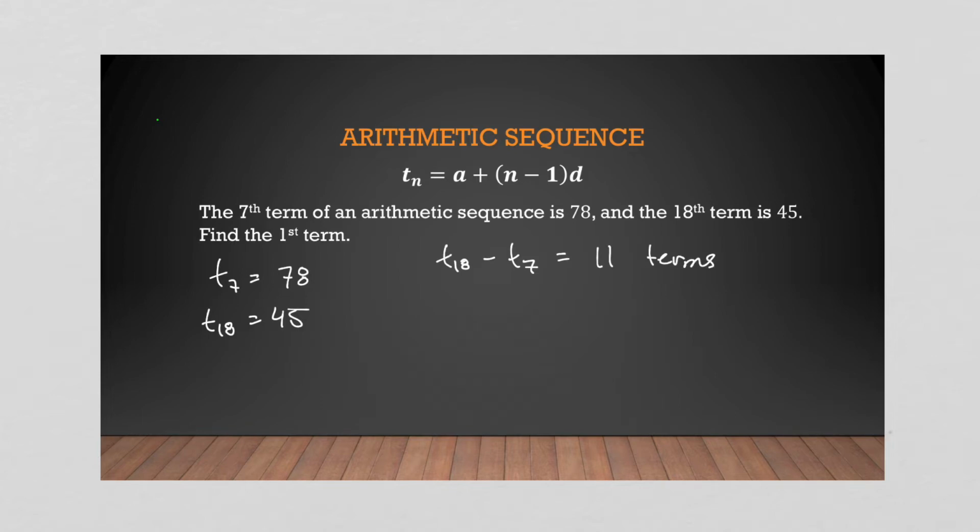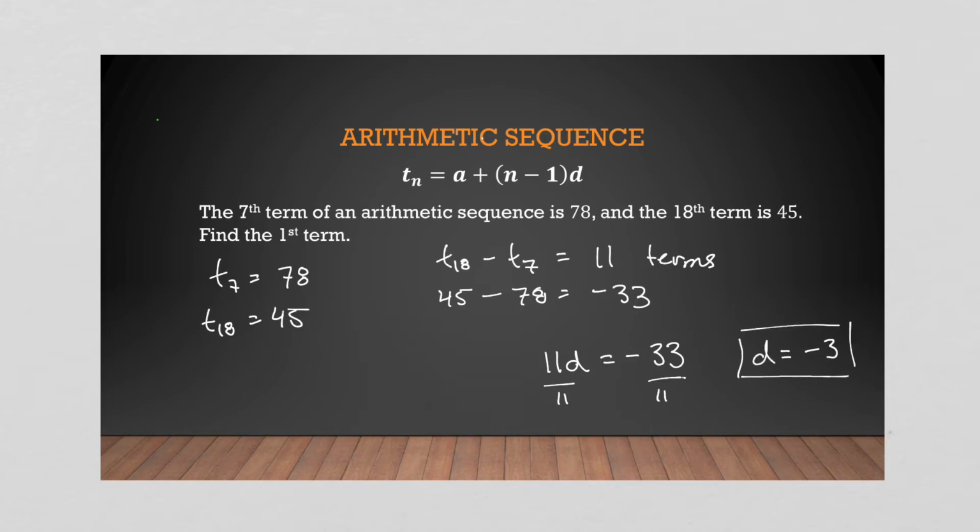And it means that 45 minus 78 is negative 33. So it means between 11 terms, there's a total difference of negative 33, which means that 11 times d is equal to negative 33. And if we divide both sides by 11, d equals negative 3.